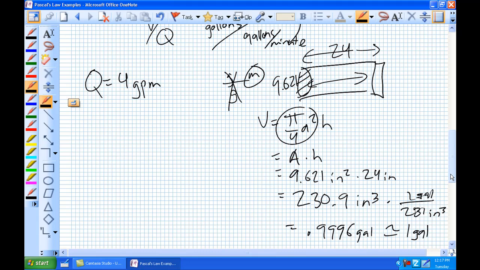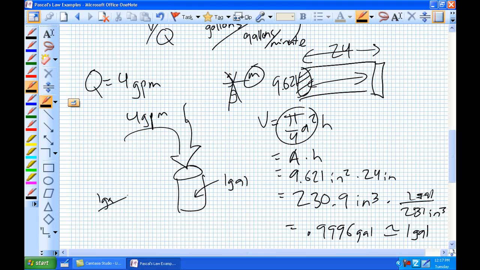Okay? So if this space is 1 gallon, how long will it take to fill up if 4 gallons per minute are going into it? Well, it's pretty obvious, 1/4 of a minute. So 1 gallon divided by 4 gallons per minute.